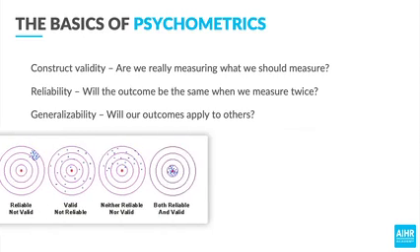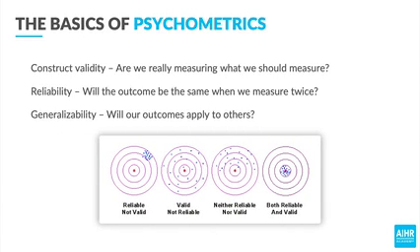This picture gives a really nice representation of it. You can have reliable and not valid results, so you're really consistent in your findings, but you're not finding what you want to find. You're missing the target again and again. You can have very valid results which are absolutely not reliable. On average, you're trying to measure what you should measure, but the outcomes are very dissimilar.